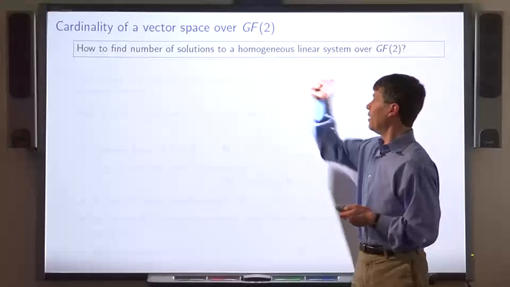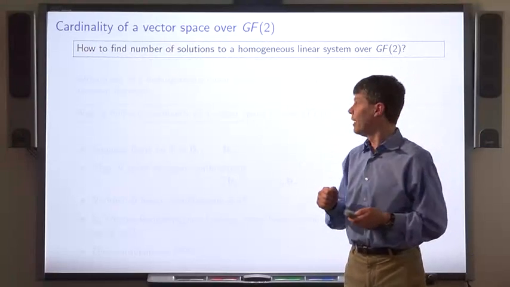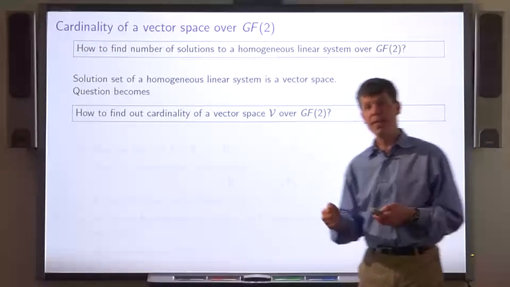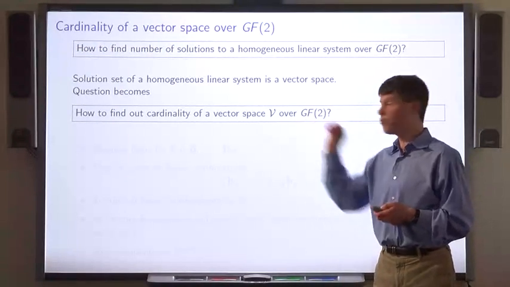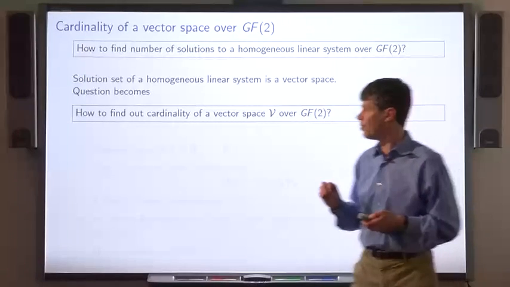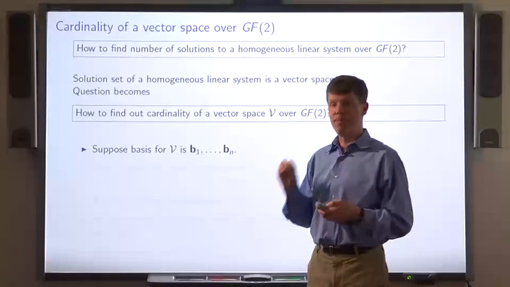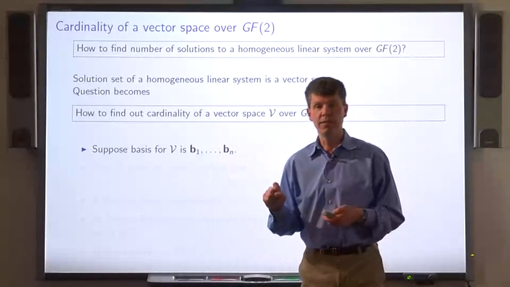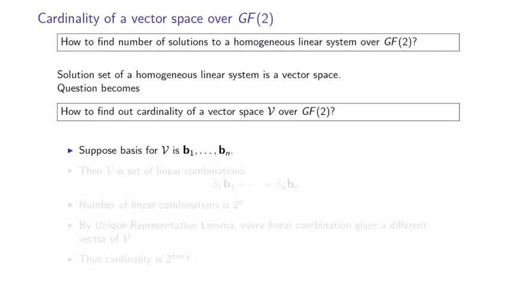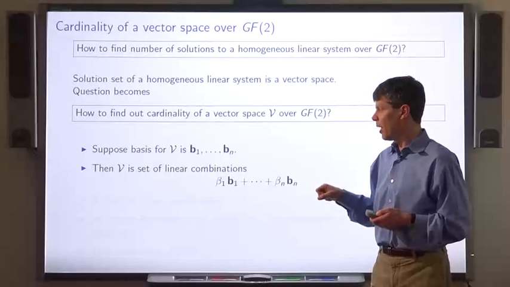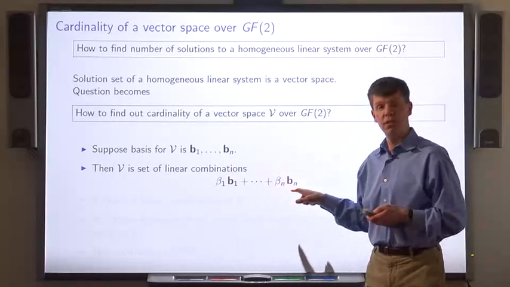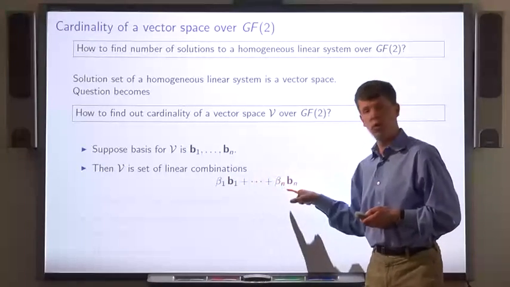Well, the solution set to a homogeneous linear system is a vector space. So the question becomes how to find the cardinality of a vector space over GF2. Well, suppose that vector space has a basis b1 through bn. Those are generators for the vector space. So the vector space is the set of all linear combinations of those vectors. The number of linear combinations is 2 to the n because there are n coefficients.